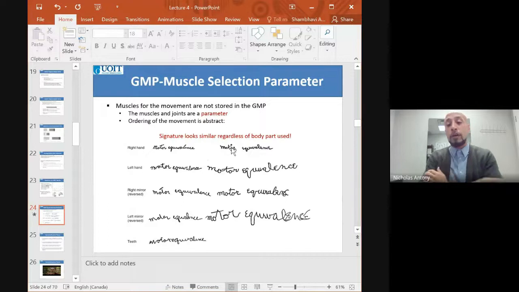But think of this example as evidence of a motor program-based theory. If I get Nolan or Karen to close your eyes and write your name with your left hand, your right hand, your teeth, your feet, you will have the same handwriting.